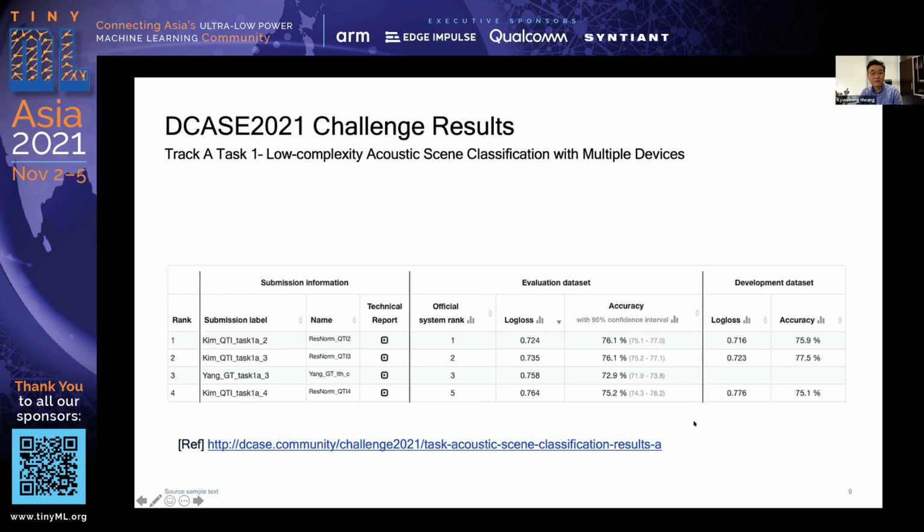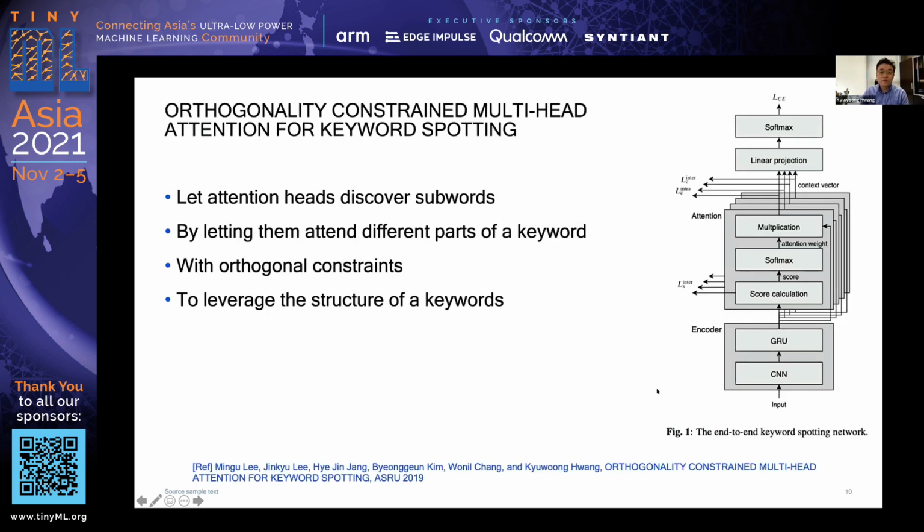There was one approach, and this is another network architecture for keyword detection. For the encoder, we use a recurrent neural network, and then we apply attention to get the final score for the keyword. But as you know, a keyword is a word, so it has sub-components.